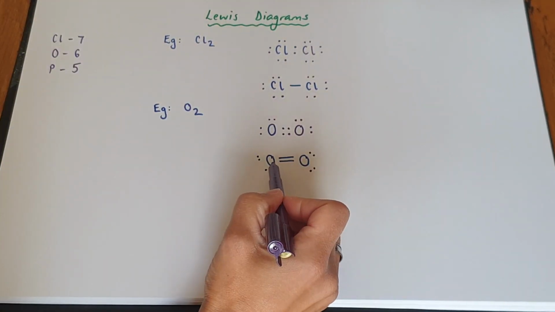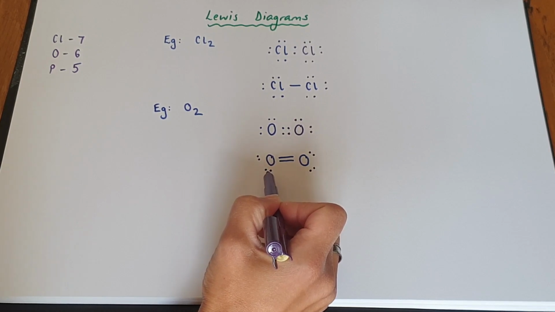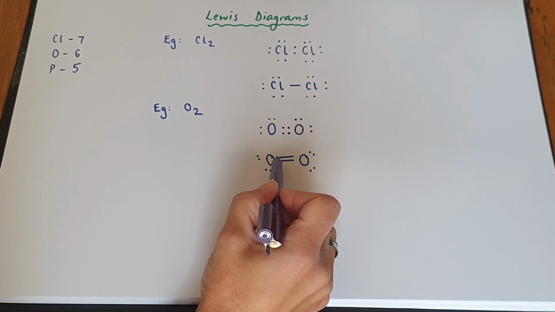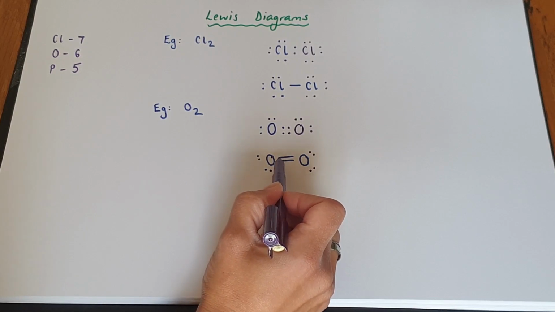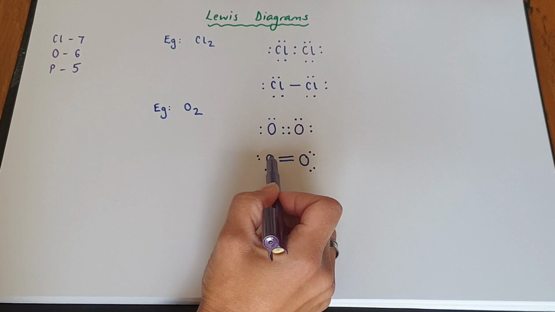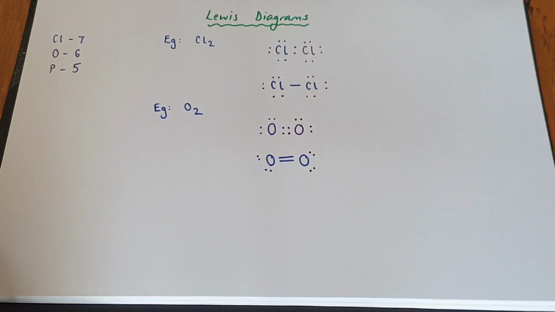So our oxygen has 2 pairs of non-bonding electrons, but then it needs to share 2 more because it only had 6 and needed 2 more. So it needs to give 2 electrons to another oxygen as well as get 2 from the other oxygen. So it's making a double bond there.